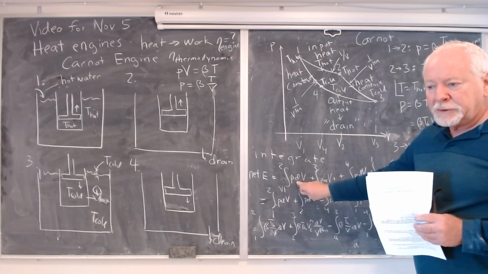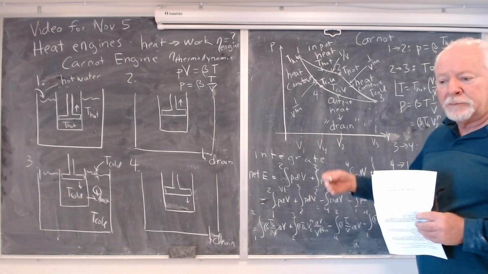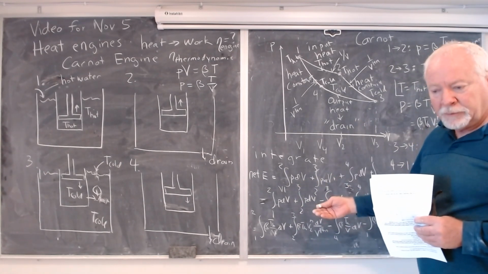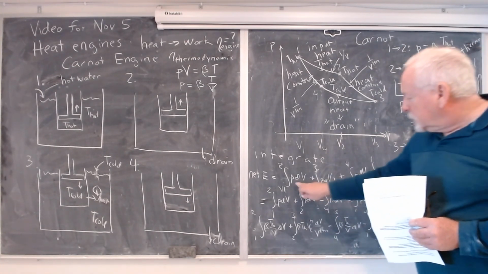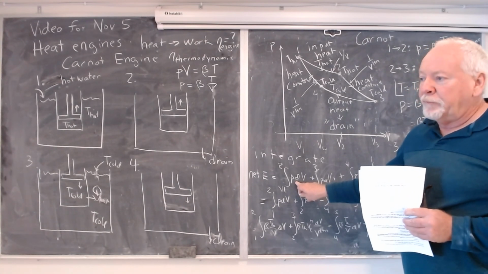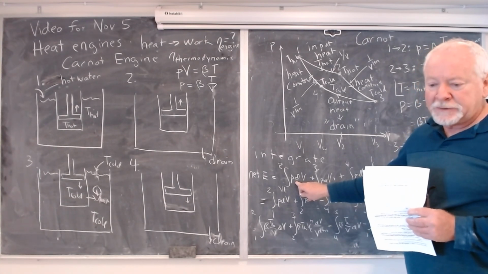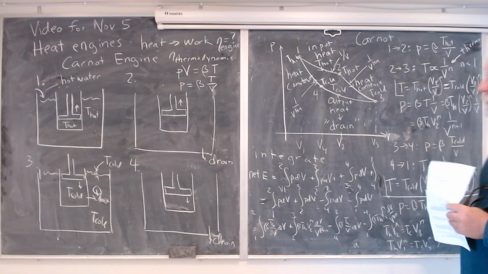Energy is force times distance, which means it's force over area times delta volume, because the A's cancel out. All right, so you knew this from basic mechanical physics. I didn't have to do any strange thermodynamics to do this.